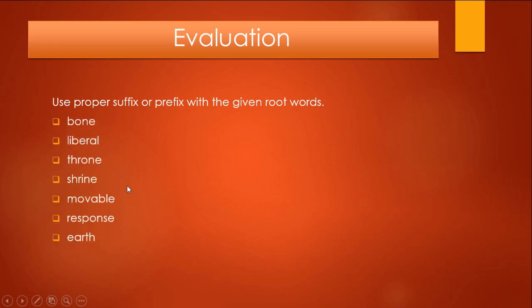So these are the root words: bone, liberal, thorn, then shrine, movable, responsible, and earth. You have to add suffix or prefix or both. After adding, make a new word and submit it in the comment section.